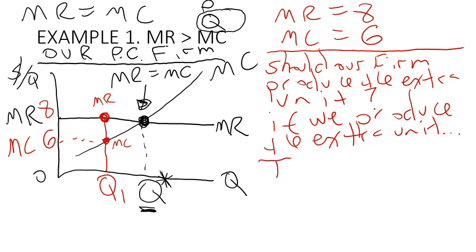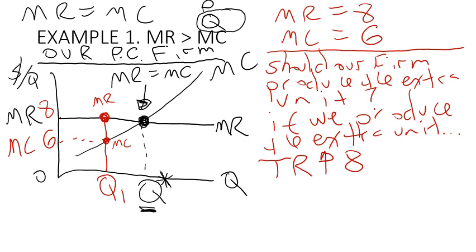Well, let's look at it from the total revenue side. If we produce the extra unit, then total revenue will go up or down? Well, it's going to go up. It's going to go up by how much? It's going to go up by $8. Total revenue is going to go up by $8.